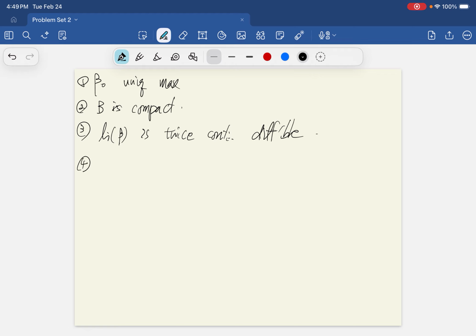Fourth, the Hessian matrix H0 is non-singular, which we proved.